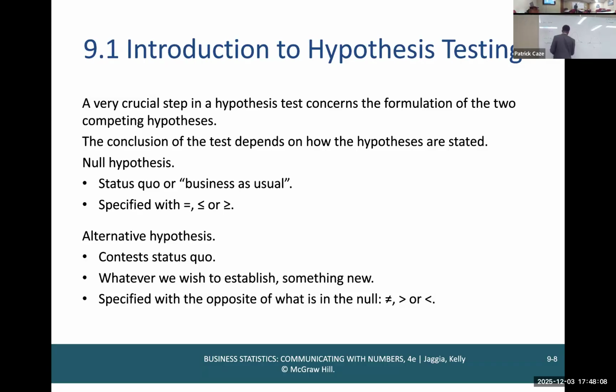And then HA is not equal to 65. This is a two-tail because we use the equal sign. If we were to decide to do a one-tail, we would still say H0 equal to 65, and the alternative is less than 65. One tail, okay?